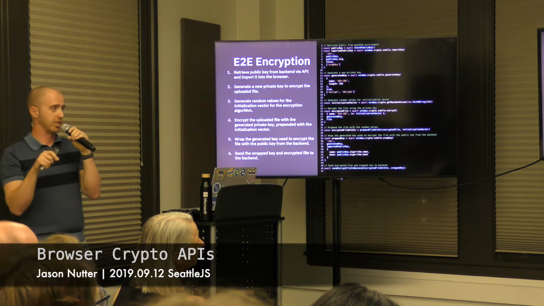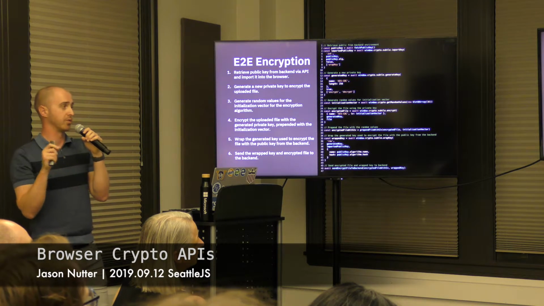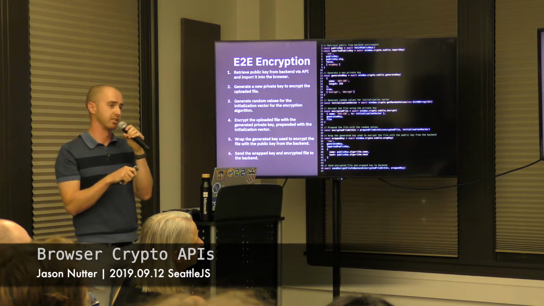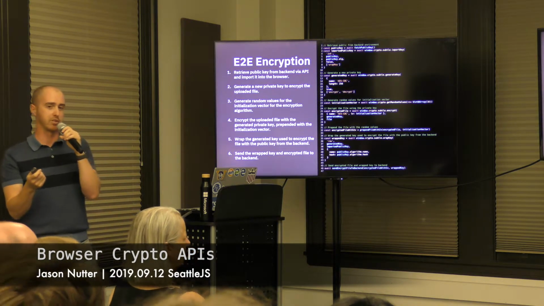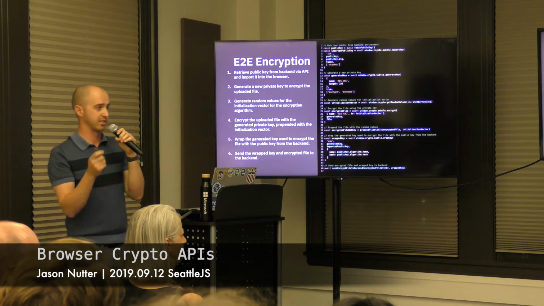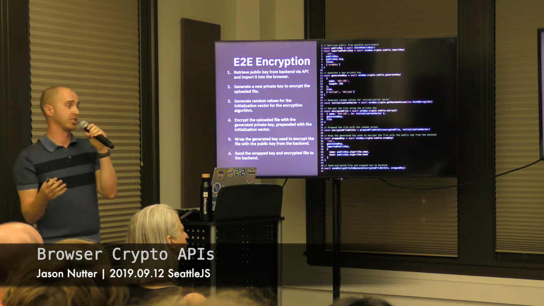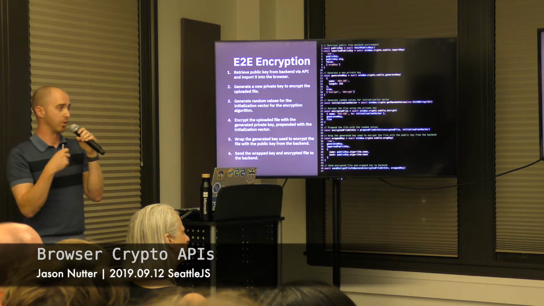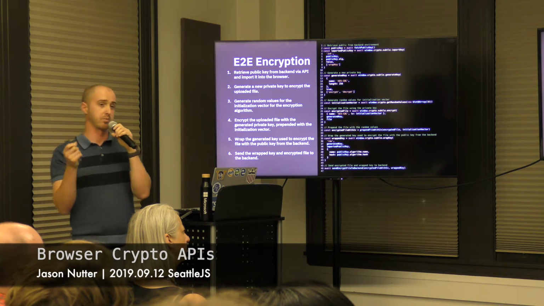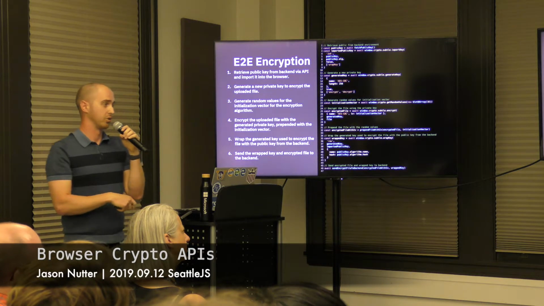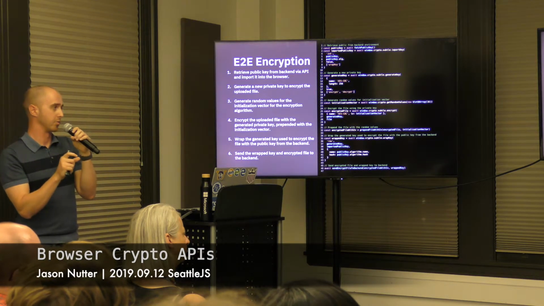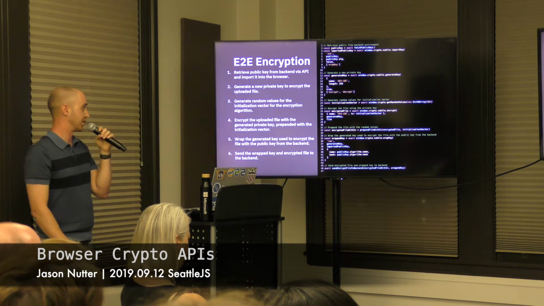Then they wrap the generated key used to encrypt the file with the public key from the backend. Instead of using the public key from the backend to encrypt the file, because asymmetric encryption is slow, and you can imagine these are potentially huge projects being uploaded, we use the public key to encrypt just the key itself.